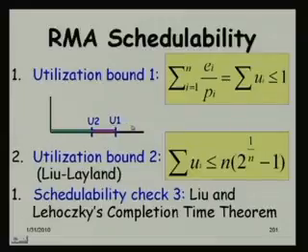The question is whether the completion time theorem tells us precisely whether it will be schedulable or not. To a large extent, yes, but again we will see that even if it does not satisfy the Liu-Lehoczky criterion, that is the third test, there is still a small chance. We will check that. So, let us first discuss the Liu-Lehoczky criterion.